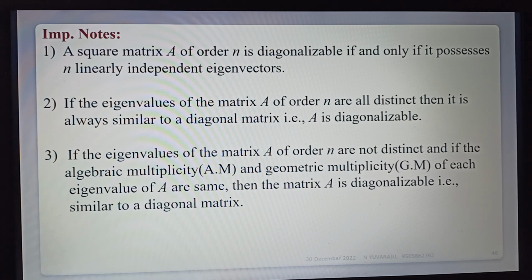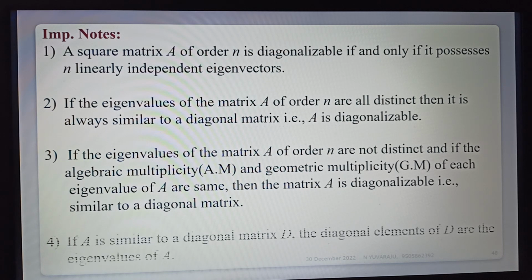In case the eigenvalues are not distinct, verify the condition that for each eigenvalue AM is equal to GM. Already we discussed this in the previous lecture. The algebraic and geometric multiplicities must be equal for each eigenvalue. In case at least one eigenvalue does not satisfy that condition, then that matrix is not diagonalizable. So for every eigenvalue the condition must be satisfied.